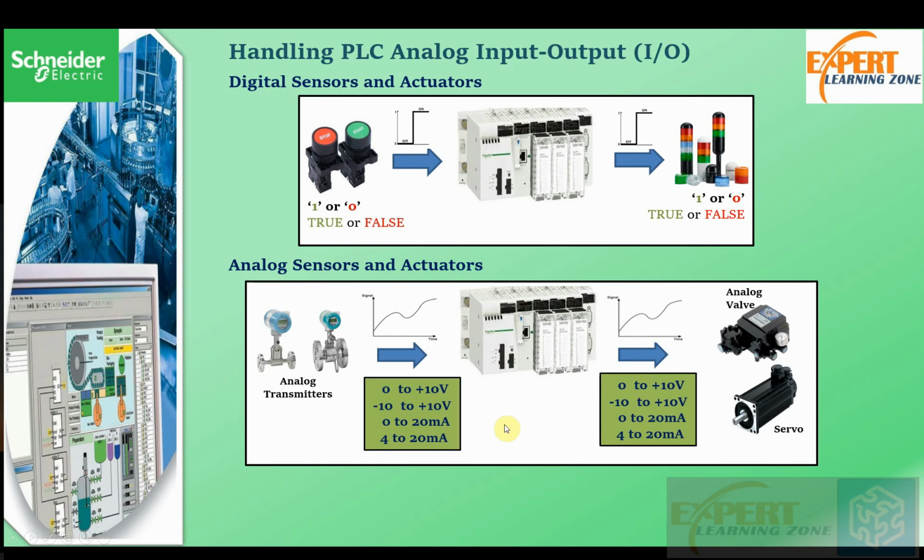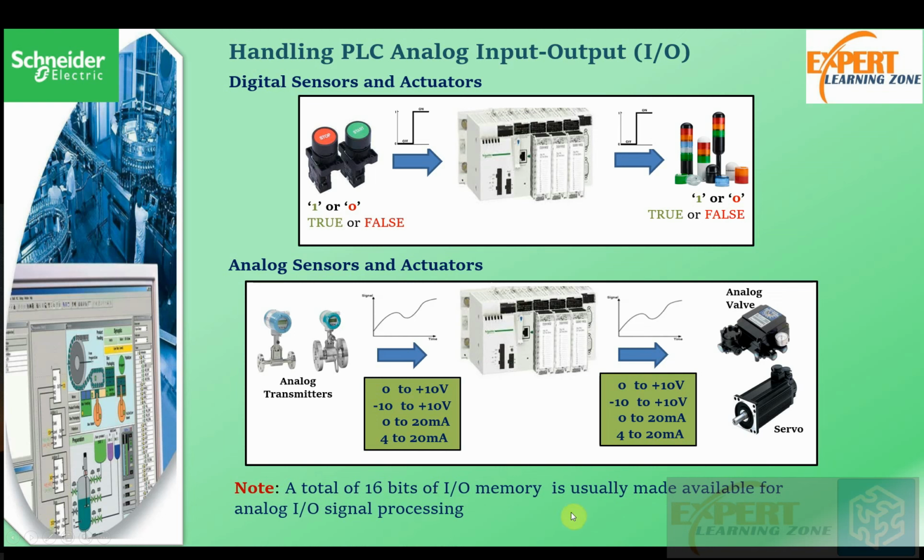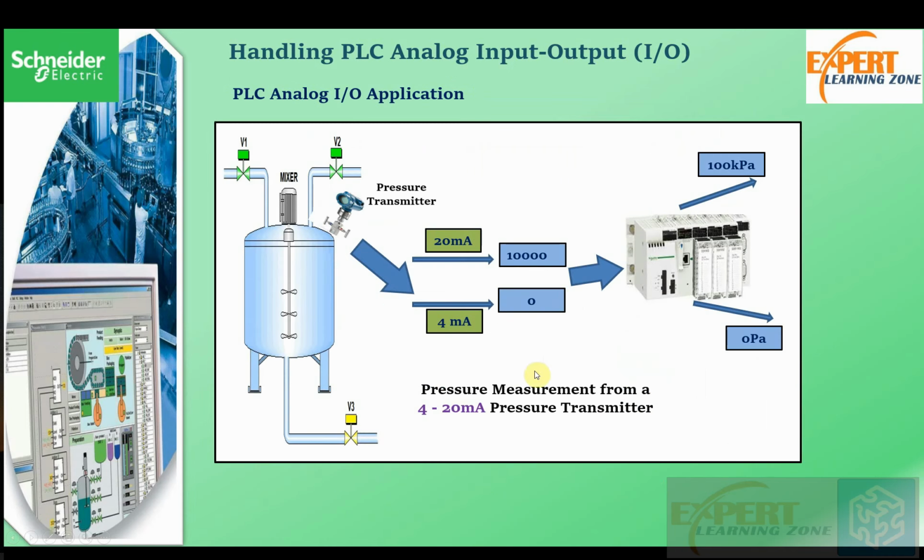Typical signal ranges of analog IOs include 0 to 10 volts, minus 10 to 10 volts, 0 to 20 milliamps, and 4 to 20 milliamps. It is important to note that a total of 16 bits of input-output memory is usually made available for analog IO signal processing.